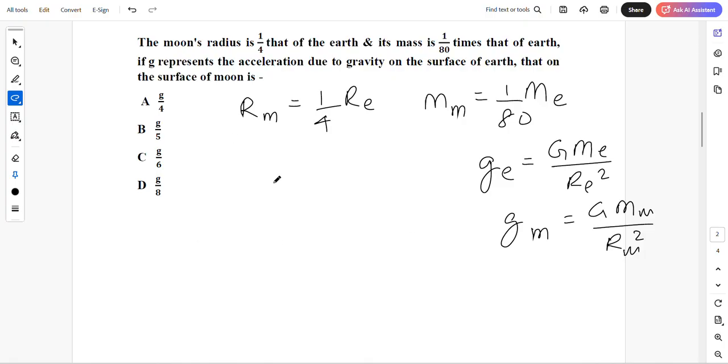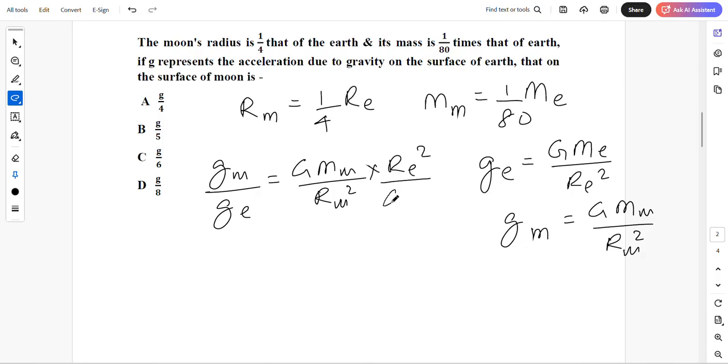Now let us calculate gm by Ge. Gm is G Mm divided by Rm the whole square, divided by Ge, which is G Me by Re square.